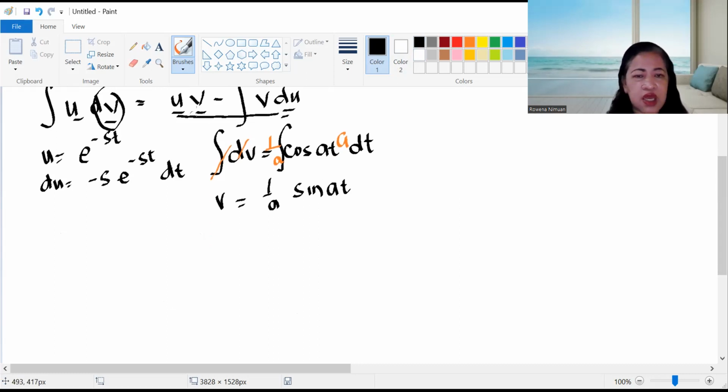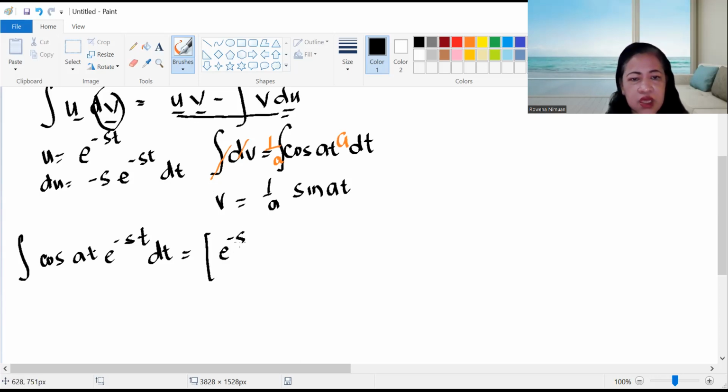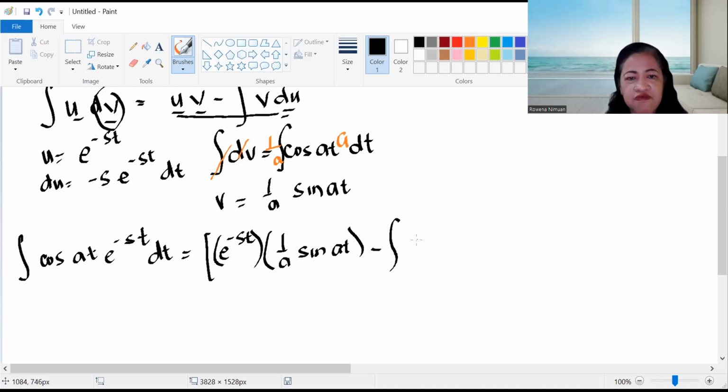So I can convert this integral into this. The integral of cosine of at e to the negative st dt will now become equal to u times v. I have chosen u as e to the negative st, and my v is 1 over a sine of at, minus the integral of v du.